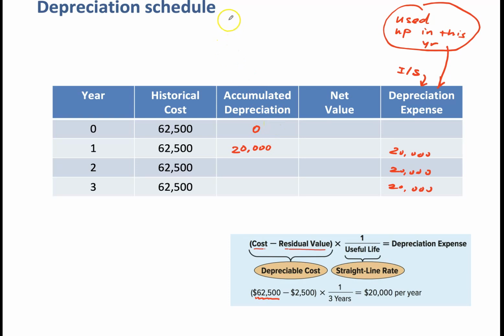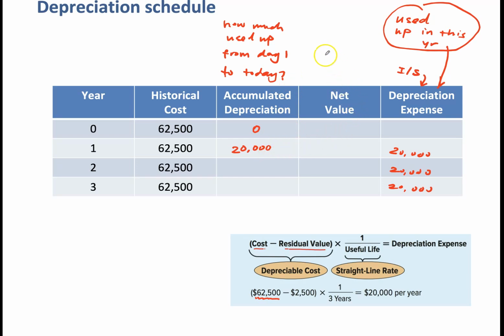Accumulated depreciation reflects how much of the machine has been used up, right, from day 1 to today. Okay, so it's an accumulated amount. So for year 1 it is $20,000.